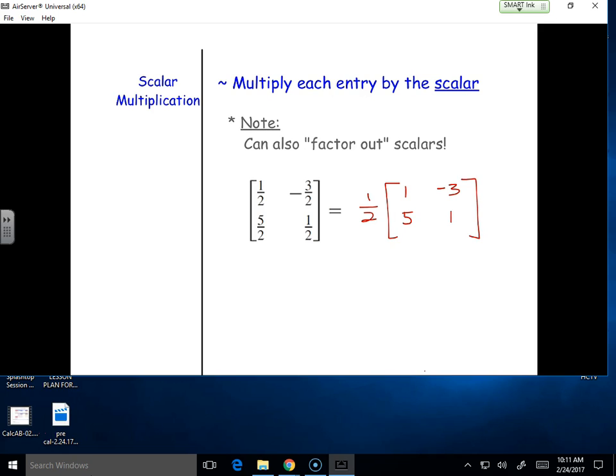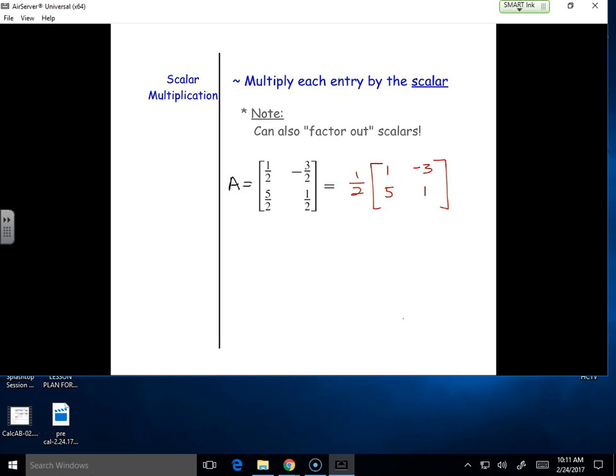Now, what would be the purpose of this? Let's say I were to call this one matrix A. And let's say I was to give you another matrix, for instance, like matrix B. Let's do something like, I don't know, let's do 3, let's do 7, let's do -2, and let's do 11.